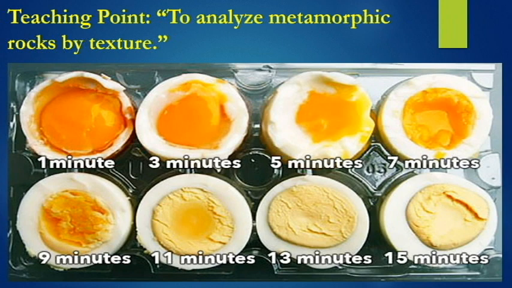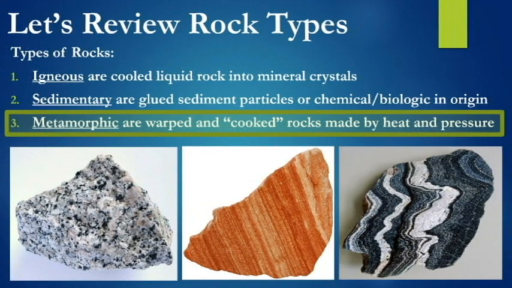A rock that isn't cooked for a very long time will look a lot like the rock that it started out as. Whereas rocks that were cooked for a really long time, or an egg cooked for a long time, 15 minutes, will look very different than the original rock. So that's kind of our analogy here. All right.